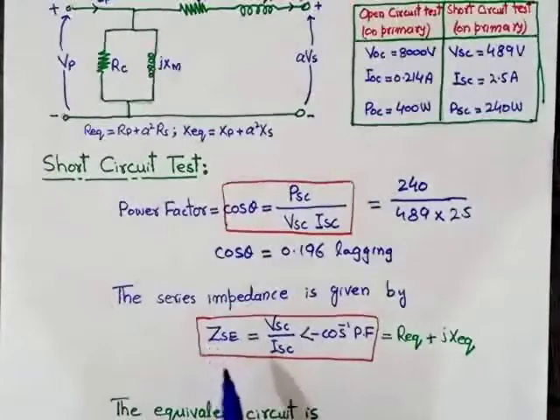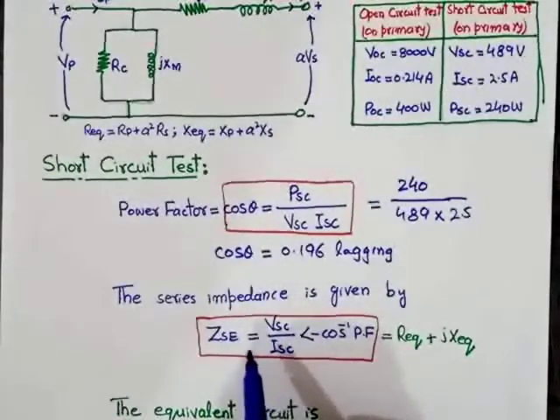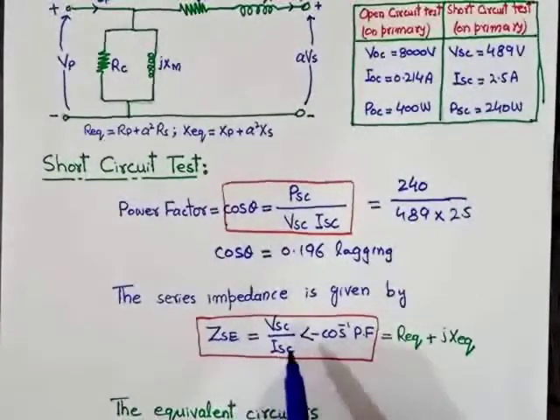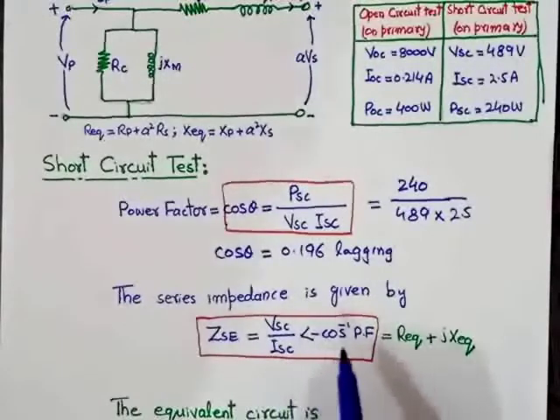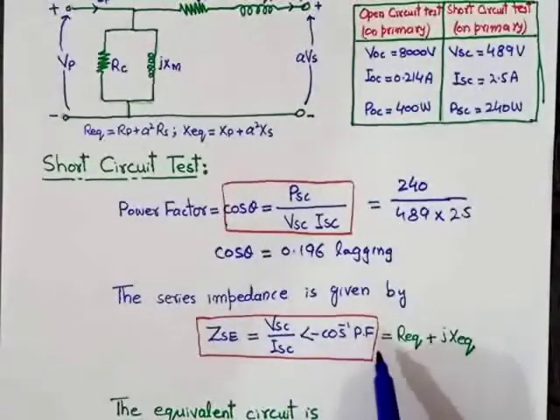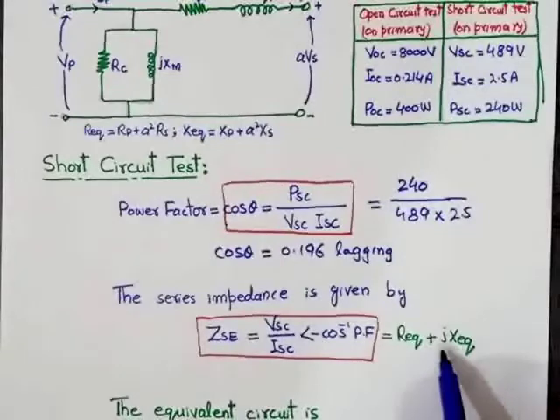So the series impedance will be given as Z is equal to V short circuit over I short circuit, angle of minus cos inverse power factor, is equal to R equivalent plus j X equivalent.